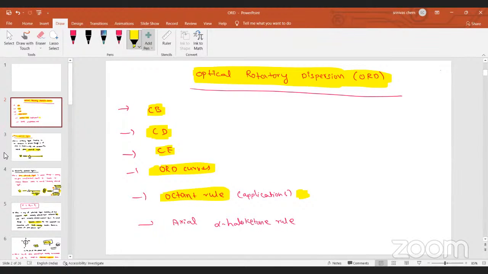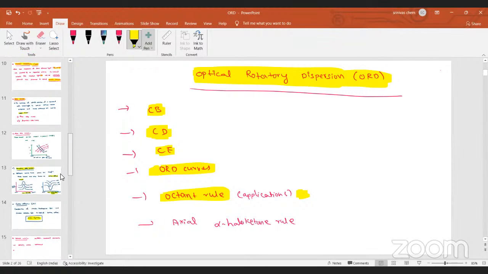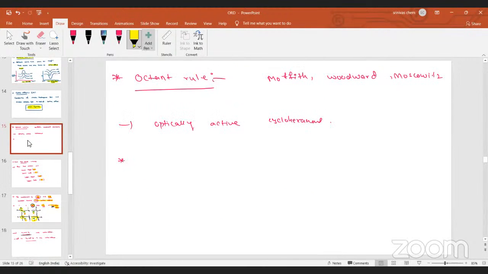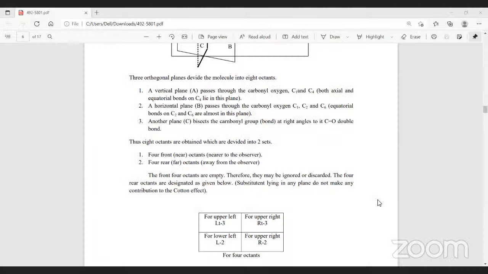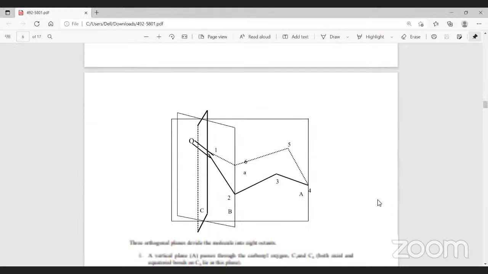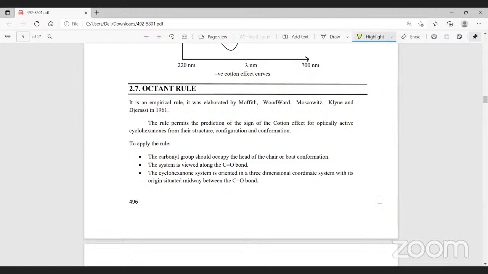Now listen, the octant rule, once again. What is the octant rule?